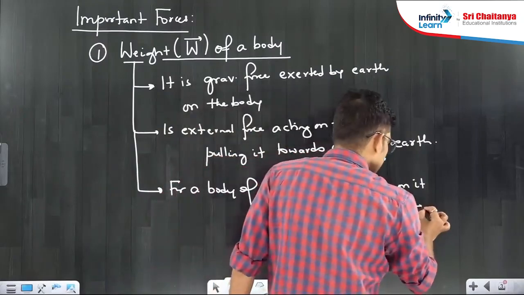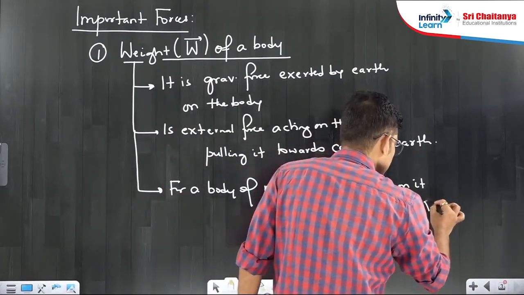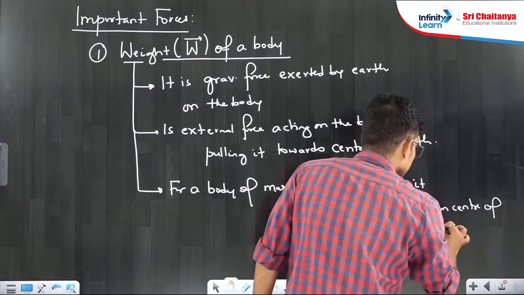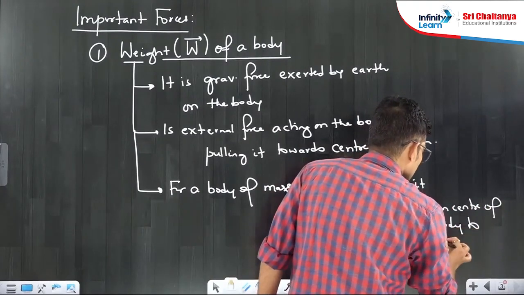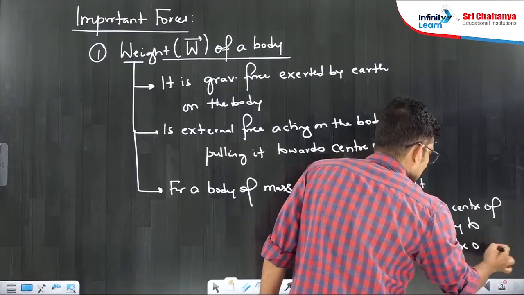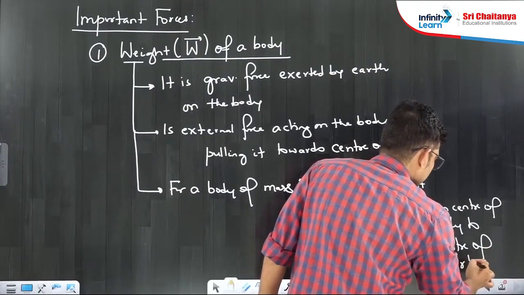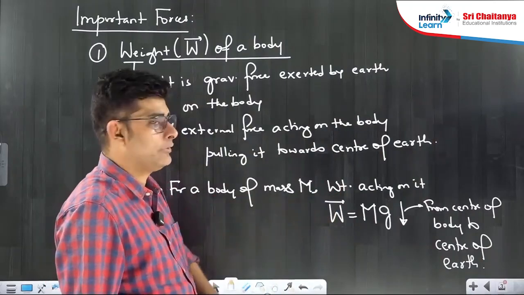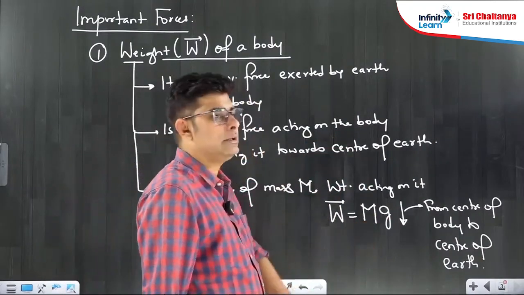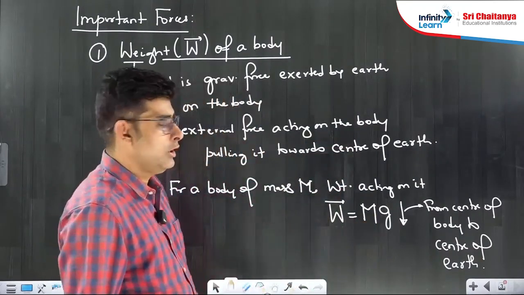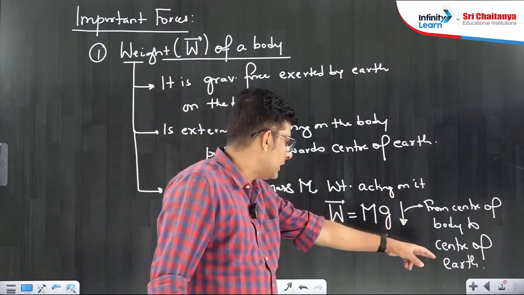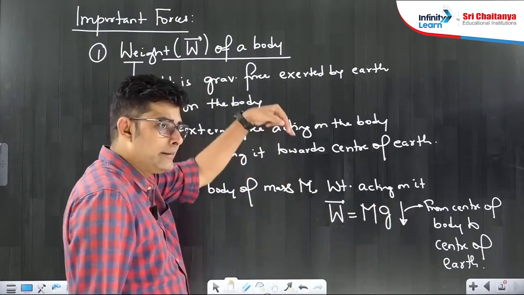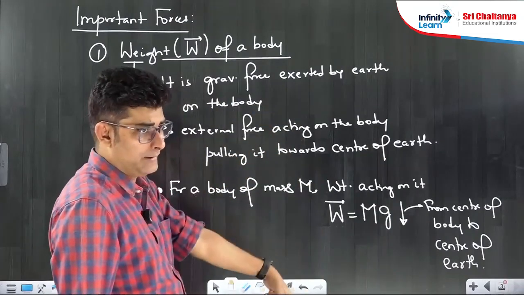This direction is from center of body to center of Earth. We are considering the body as a particle, so from the center of the body to the center of the Earth, that is vertically downwards. Okay, so from center of the body to the center of the Earth, it is acting downwards on the body. So it has to be always taken acting vertically downwards.